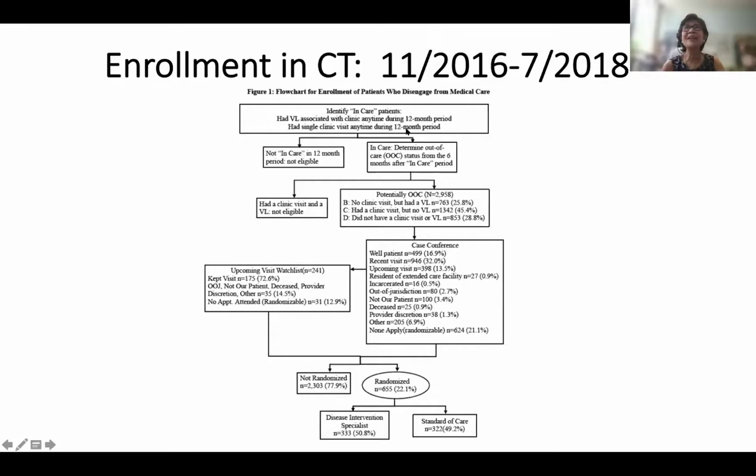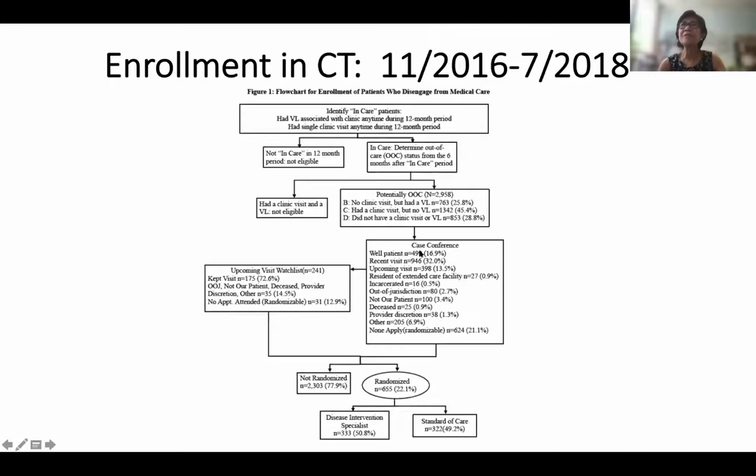So as we said, we identified who are the in-care patients for 12 months, followed by who is out of care because of the 6-month out of care time frame. And then the people who are eligible were those we call potentially out of care. I won't get into the details. These were people who didn't have any markers of being in care for 6 months. And so that was 2,958 people. We took those people to case conference with the clinics, and we let the clinics say, are you worried about these people?